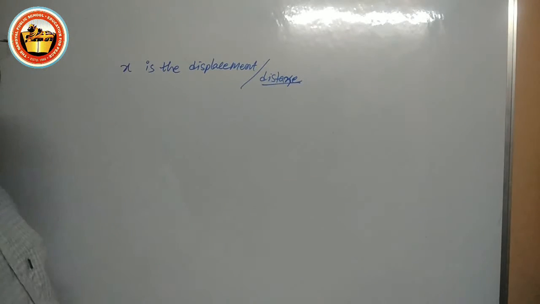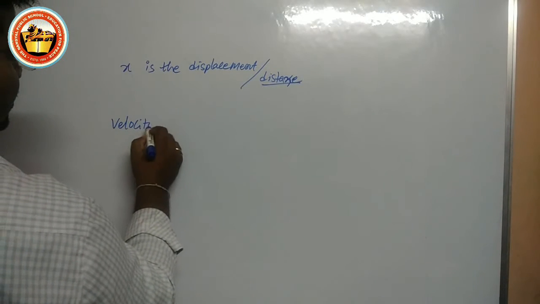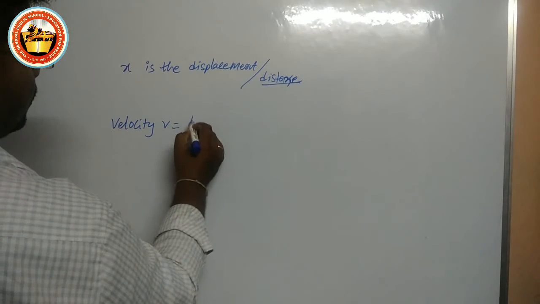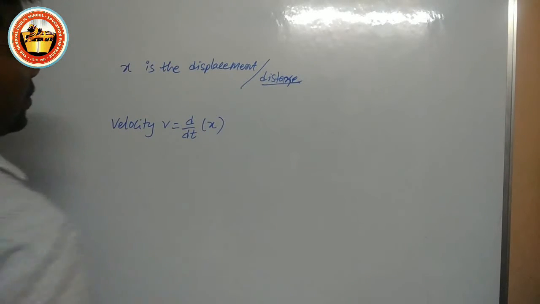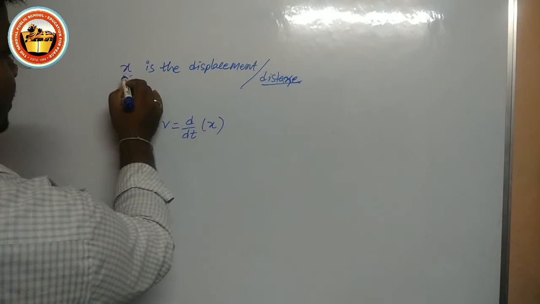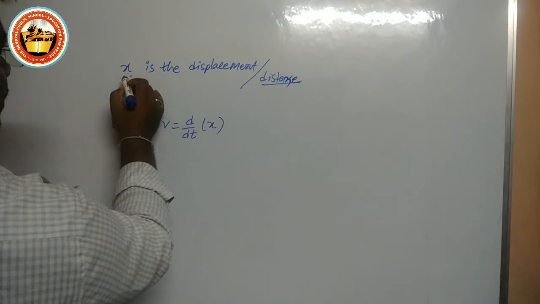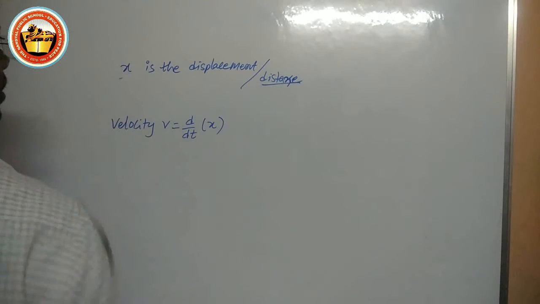So how can we get velocity? Velocity v is equal to d by dt of x. We differentiate x with respect to time, and we get the velocity.